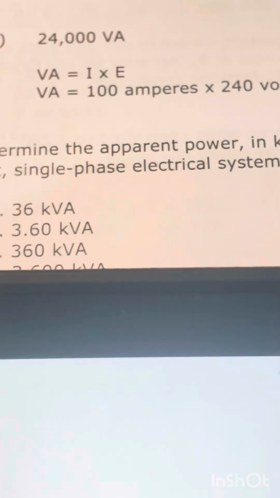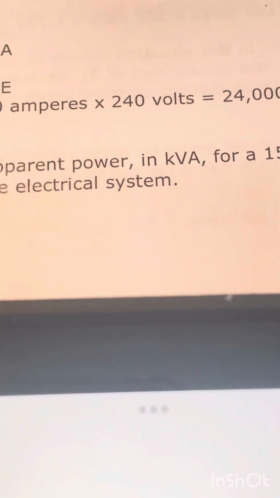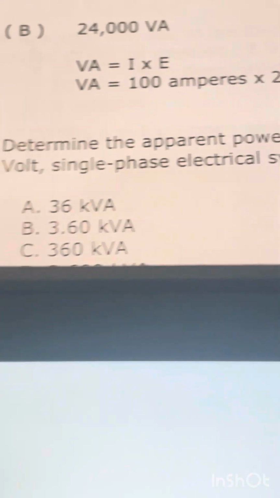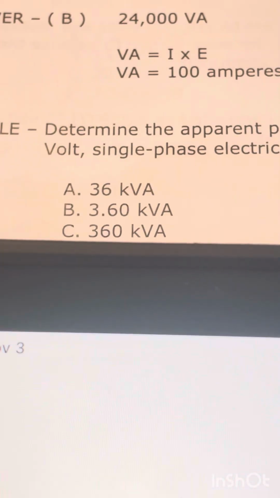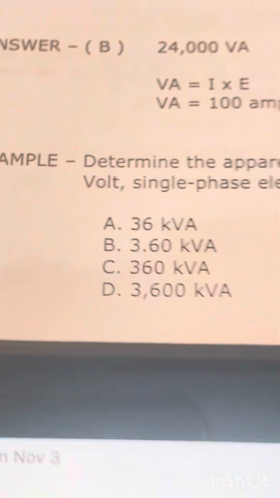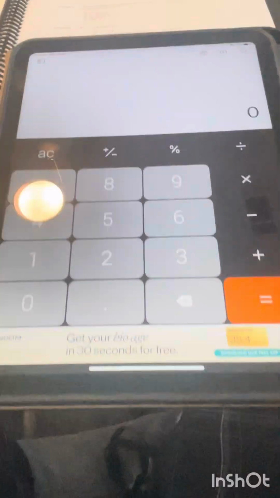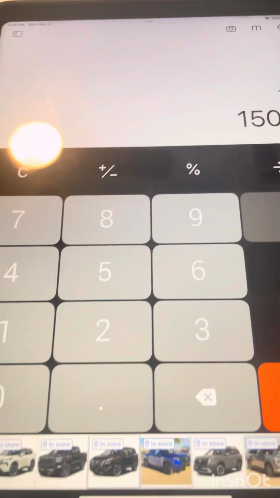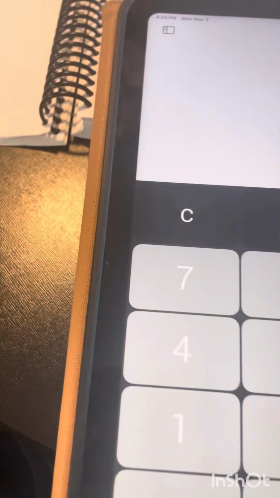Let's try another example. Determine the apparent power in kVA for a 150 ampere 120/240 volt single phase electrical system. Well, we know the amps, which is 150. So we'll punch in 150. And then you're going to go with your highest voltage, which is 240.